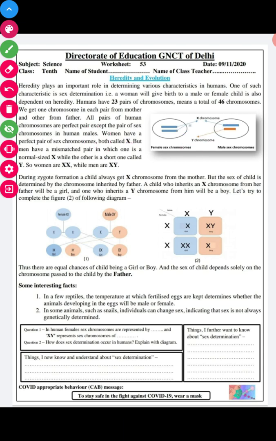So during zygote formation, a child always gets an X chromosome from the mother, but the sex of a child is determined by the chromosome inherited from the father. I will show you how. See, this is X and X, female. This is X and Y, male. These are the gametes.